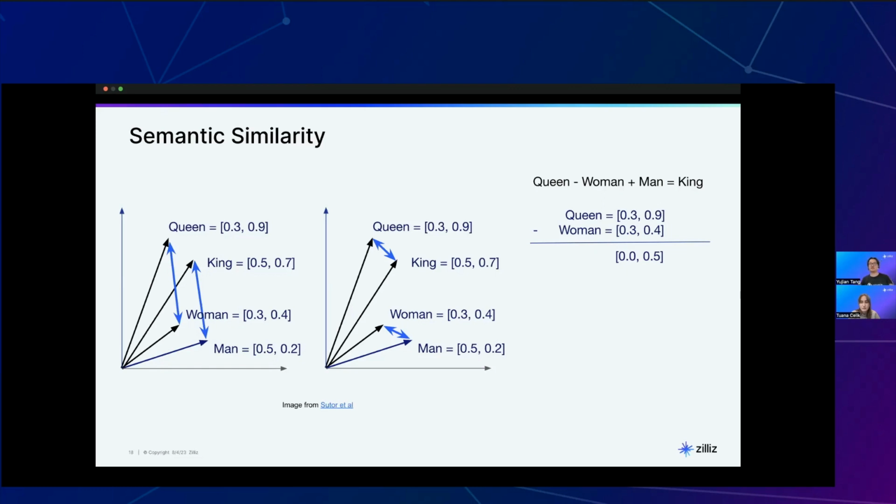That's the royal status. And then from there, we want to add the word man, so 0, 0.5 plus 0.5, 0.2 gives you 0.5, 0.7, which maps directly to king. So in this very simple toy example with two-dimensional vectors, queen minus woman plus man equals king.